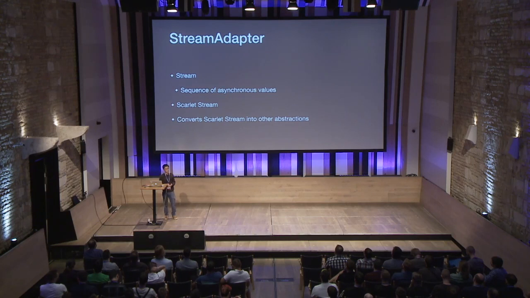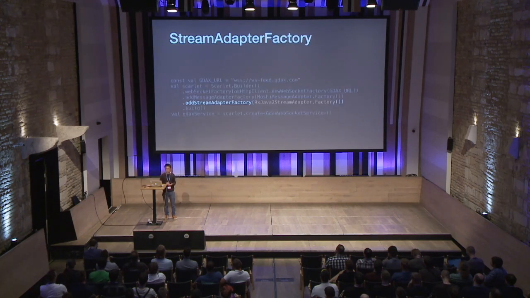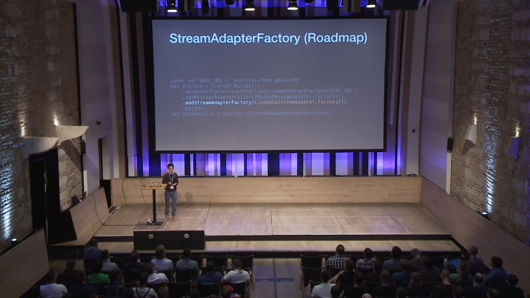But if you want to use other abstractions, you can specify a StreamAdapter.Factory that converts our built-in stream to such as RxJava 2, RxJava 1, or maybe LiveData in the future, or maybe Java 9 Flow. And of course, Kotlin Coroutines.